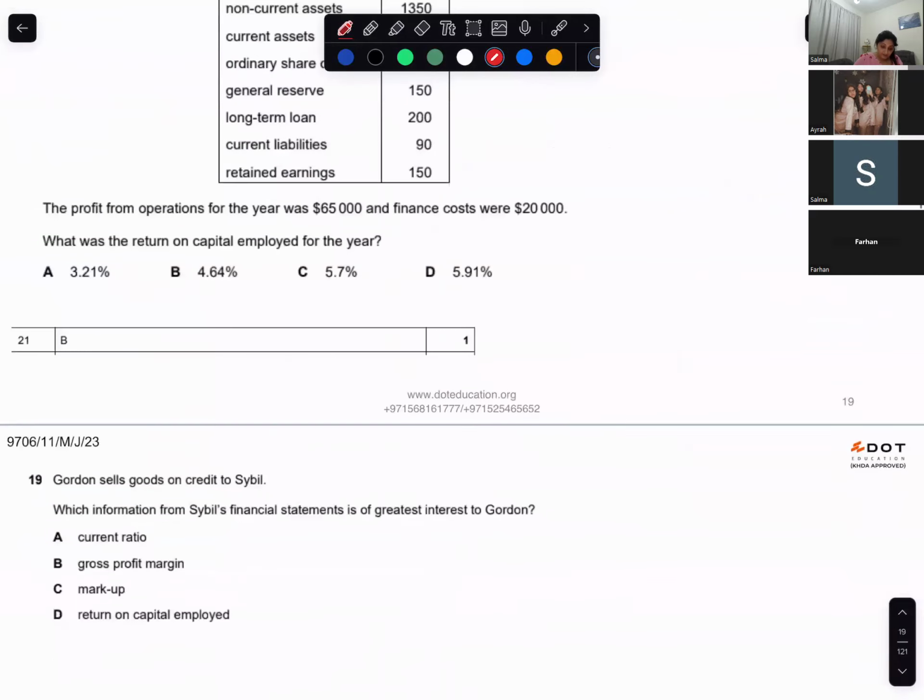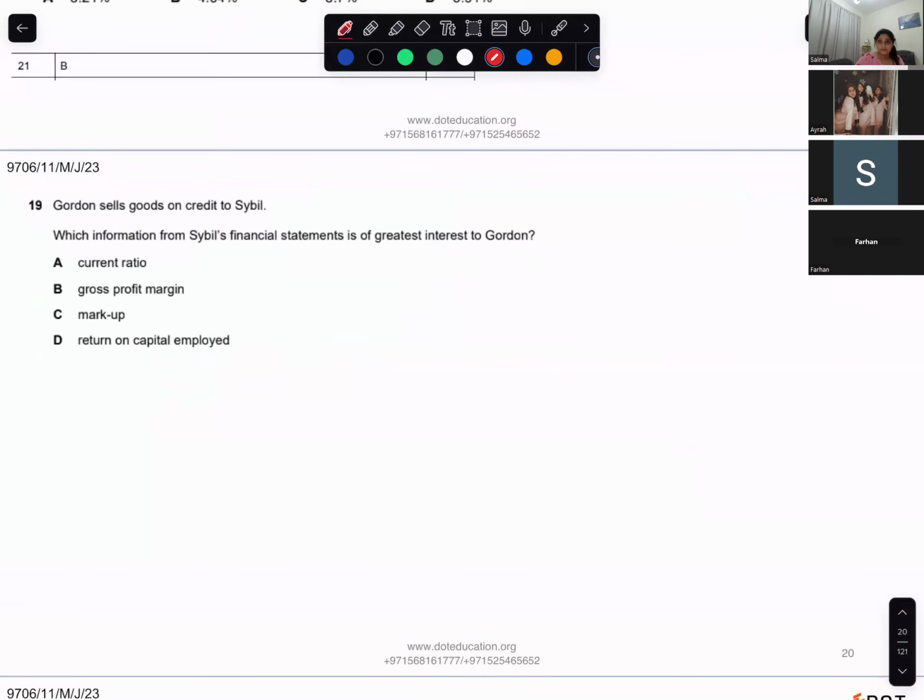Come on, read fast. Which information from Sybil's financial statements is of greatest interest to Gordon? Gordon sells goods on credit to Sybil. Gordon is selling on credit.